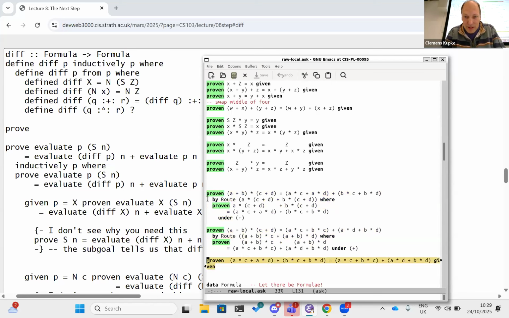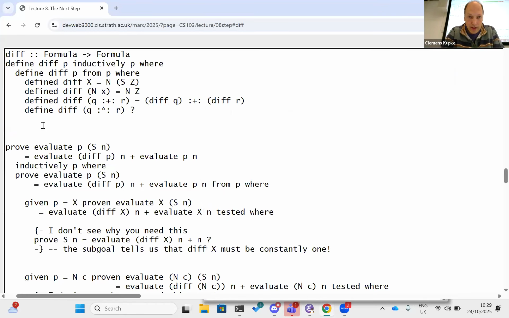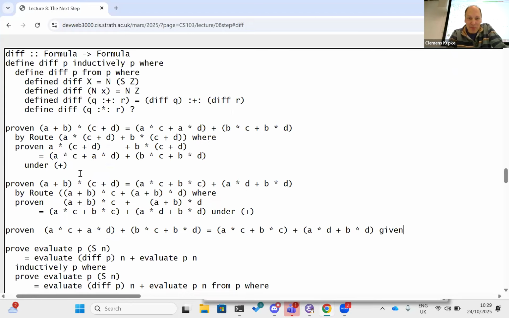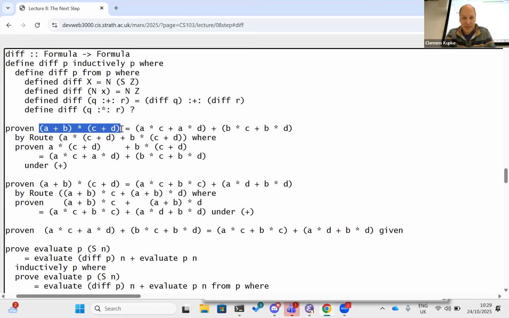Copying it into my Emacs will be a nightmare, but let's hope it works. Let's see. Is it there? Yes, it worked. Yes, so we need some rules of multiplying out, basically. So A plus B times C plus D is exactly what we want. Yeah.